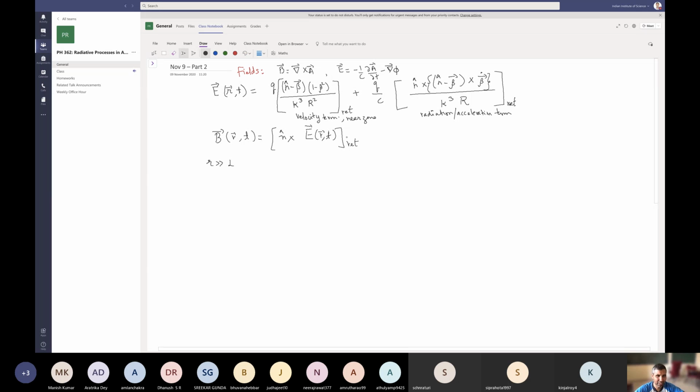This expression says that, so again, the geometry you should remember. You have the point where you're observing. This is your R. This is the position at the present time, but this is at the retarded time, so this is slightly before.